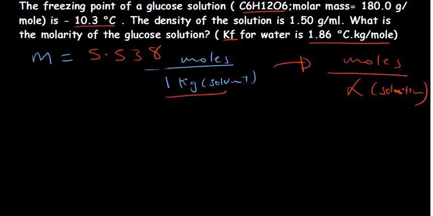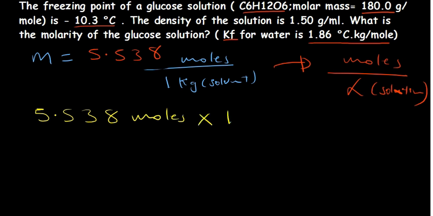So if we can find the mass using the density, we're able to find the volume. So we already have the mass of the solvent. All we need to do is to find the mass of the solute now. So for the solute, we've been told the molar mass was 180 grams. That's its molar mass. So the number of moles we already have from the equation there. So we've actually calculated ourselves 5.538 as the number of moles for the solute. The molar mass, which we are supposed to calculate in most cases, has been given as well.